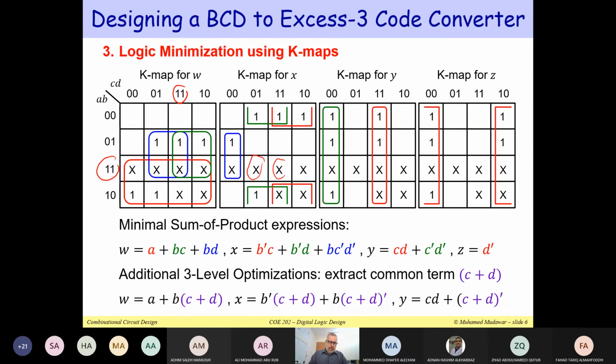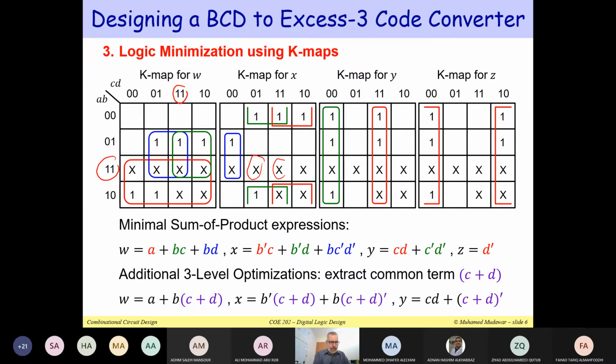Now, because we have multiple outputs, you can use the properties of Boolean algebra to extract the common terms. Now that's interesting, we can go into a third level. What we have seen is the sum of products. Sum of products are 2-level expressions. So you have the level of the AND and you have the level of the OR. But you can actually add a 3rd level.